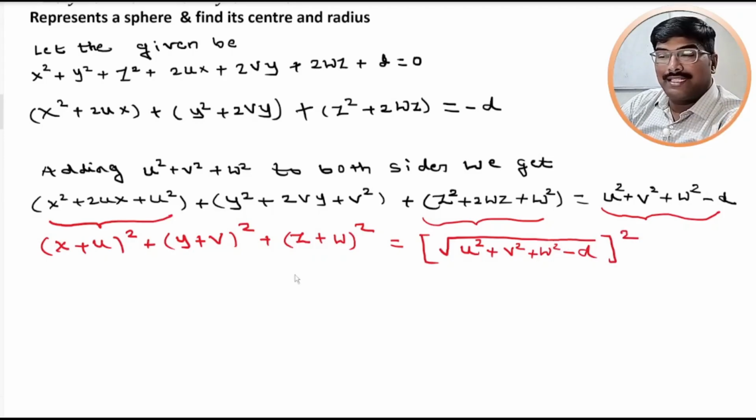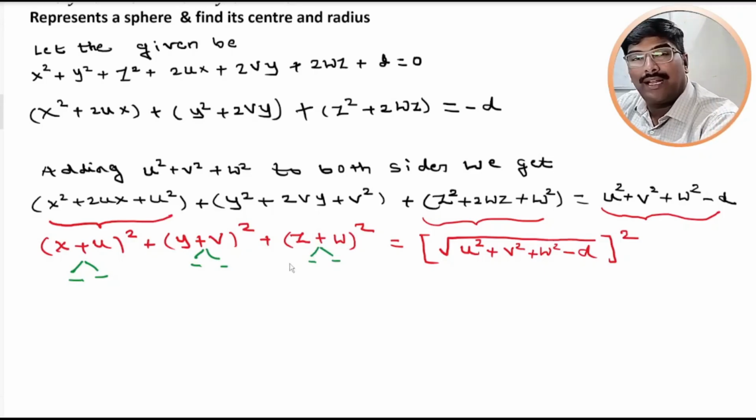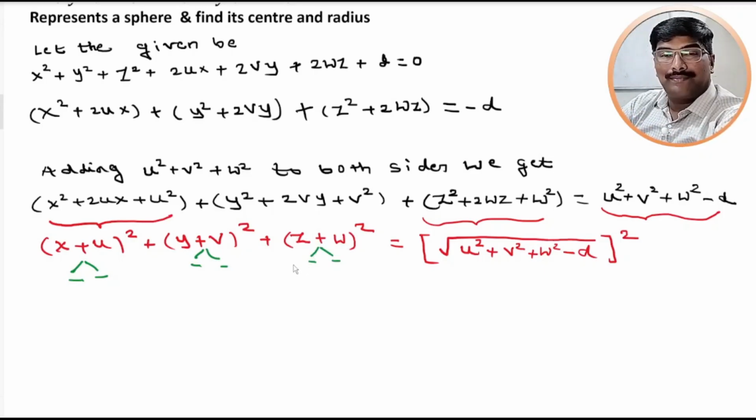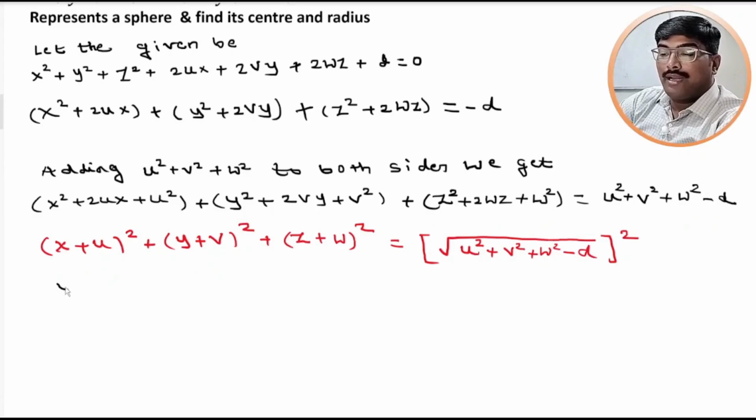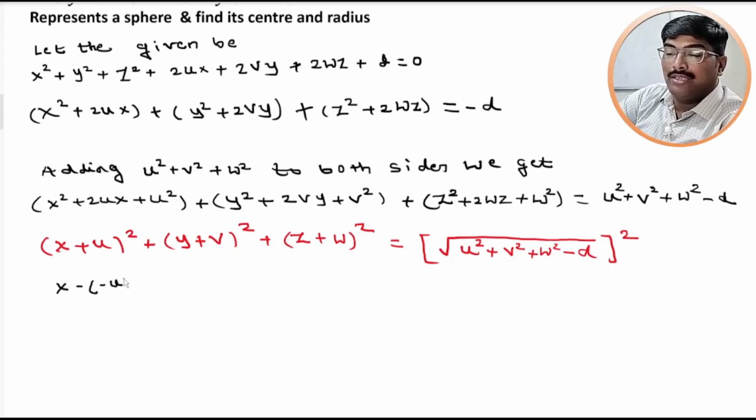This is an adjustment. Now here this plus sign we can write it as minus into minus. Similarly, in the second bracket also we can write it as minus into minus, that is plus, and in third bracket also plus sign can be written as minus into minus. Then the first bracket we can write it as x, this plus sign we can write it as minus into minus u, that is plus u whole square. Similarly, the second one we can write it as y minus into minus v.